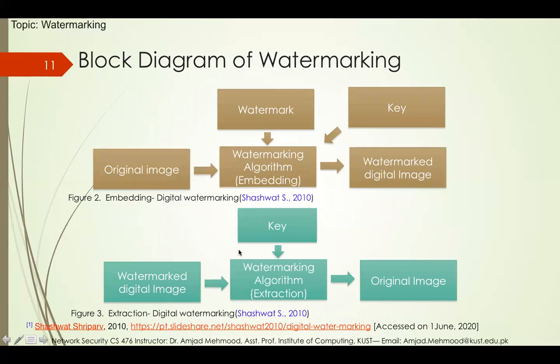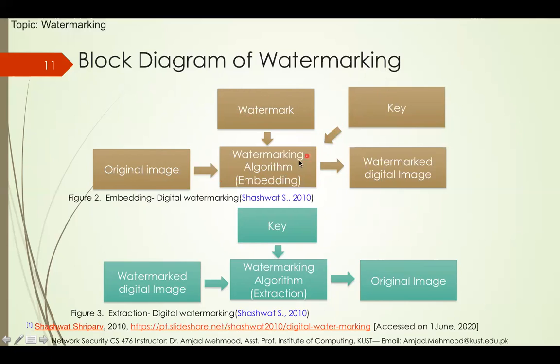Now, this is a block diagram. The first diagram shows embedding, and the second diagram shows extraction. Here you can see that the original image is sent to the watermarking algorithm. The process of embedding will be done on it, and this is the watermark which you want to place in this original image. And this is the key which you want to store if you have one.